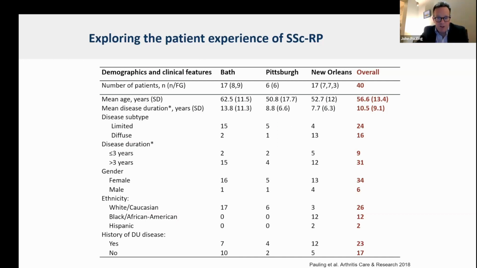And one of the rationales for undertaking work in New Orleans was to broaden our ethnic mix to ensure that we weren't just seeking the opinions of a predominantly white population. So we were able to get a representation from a large number of Black patients who are under Leslie Ann Sackett-Koo's care in New Orleans.